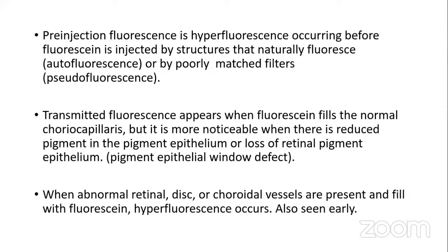Okay. Now, the other one is transmitted fluorescence. The choroid's fluorescence is not meant to be so loud because of the RPE barrier. But if the RPE is thinned out, or has some break in ARMD, or is so stretched out in some people that are myopic, or it's torn for any reason, you have a window defect.